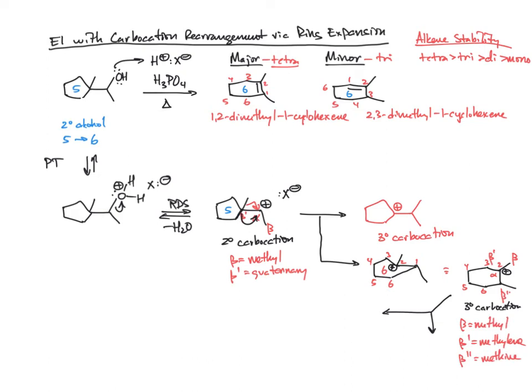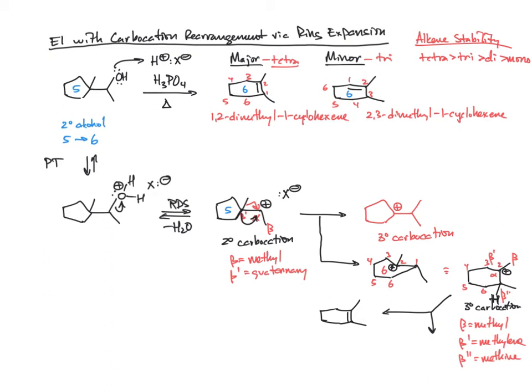So when we're considering the different products forming, we can see that if we eliminate from beta prime, that's going to give us a tetrasubstituted alkene. So again, that's going to be elimination of this hydrogen using the water or the conjugate base of the phosphoric acid.